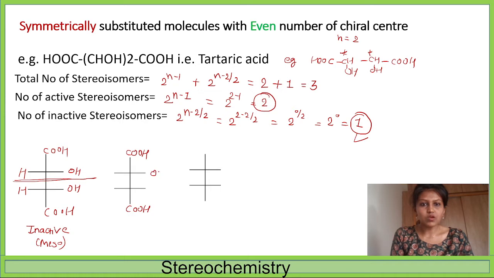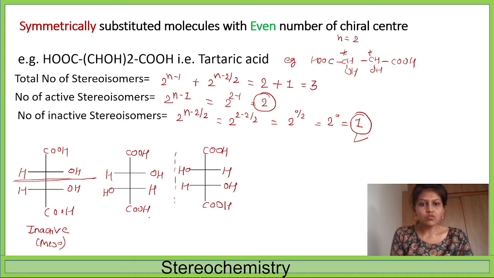Suppose I change the position of OH over here, hydrogen and hydrogen. So this is the optically active stereoisomer. Suppose I draw the mirror image of this one, right? So COOH, OH, hydrogen, OH, and COOH.